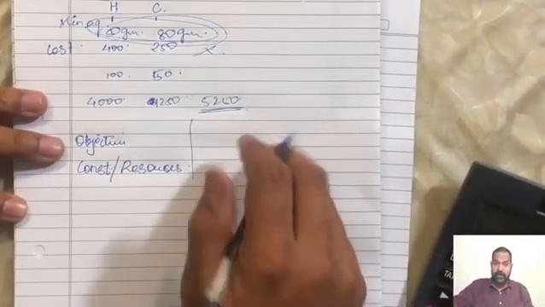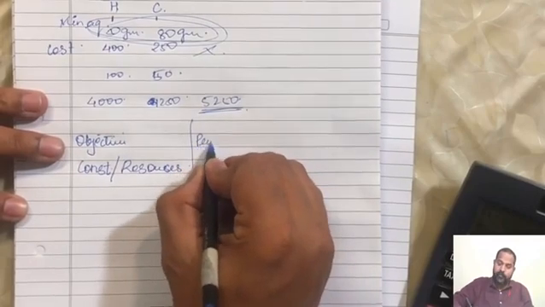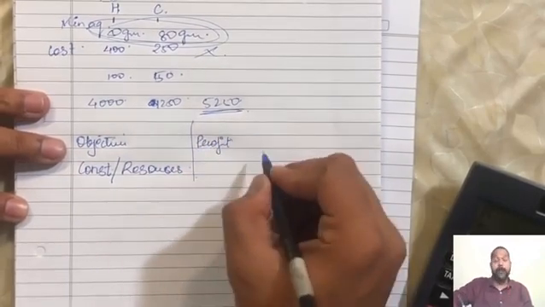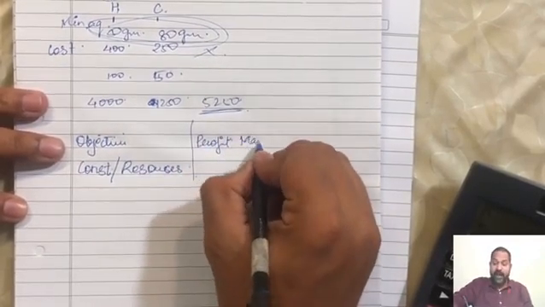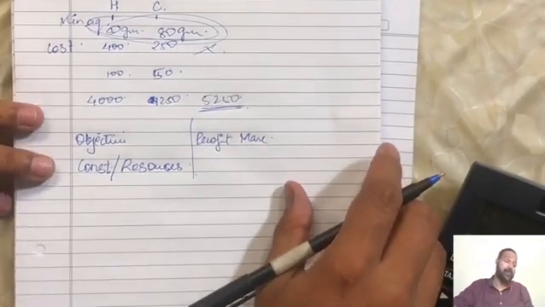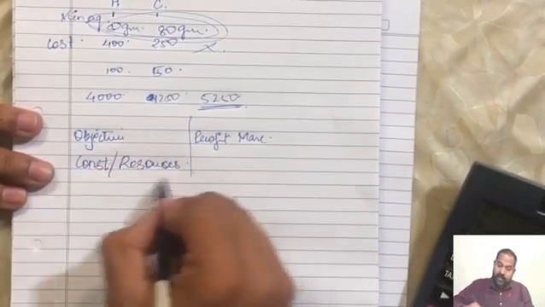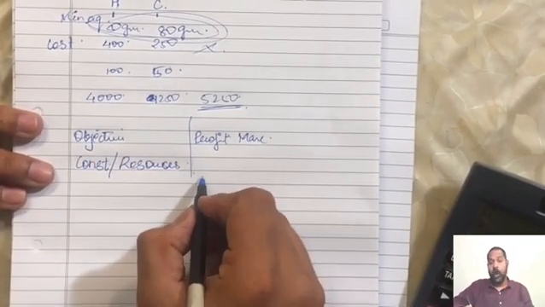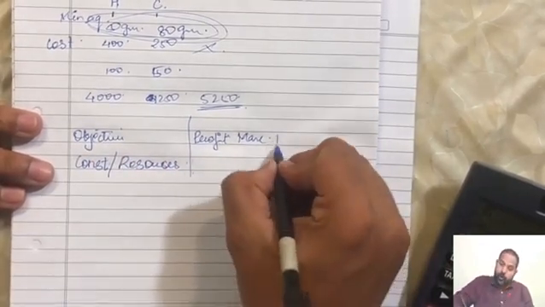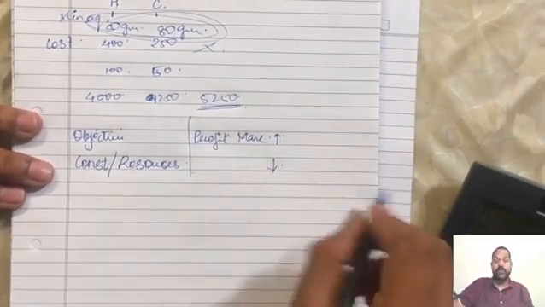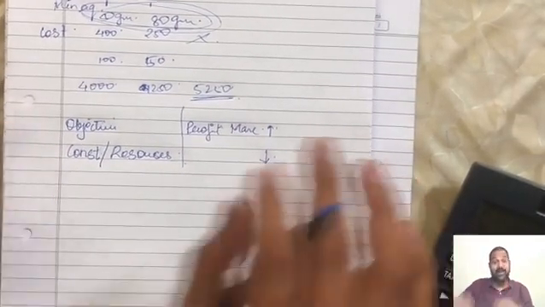Well, the objective will be a profit-based objective, and if it's a profit-based objective, I will try to keep the profit as maximum as possible. But then the problem is the resource will not be available that much. So profit needs to go up, but resources need to be used at the best.